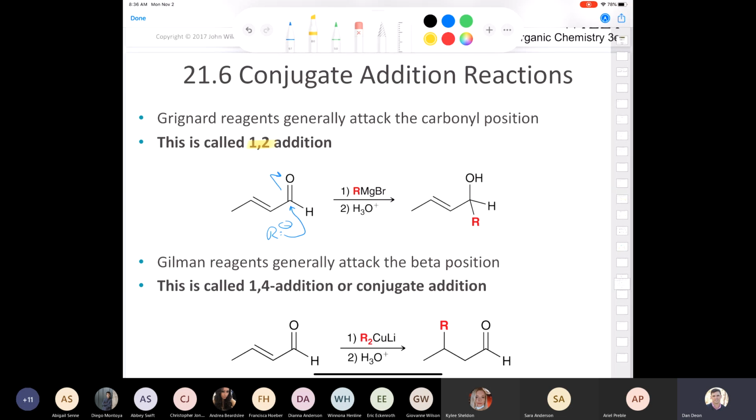Now the reason we call that 1,2 addition is the following, because the carbon where the nucleophile attacked, that's the 1 position, and where the hydrogen was added, that's 2. So we call this 1,2 addition. Okay, so that's with a Grignard reagent, and you have to have that memorized. With a Grignard reagent, you're going to get 1,2 addition.